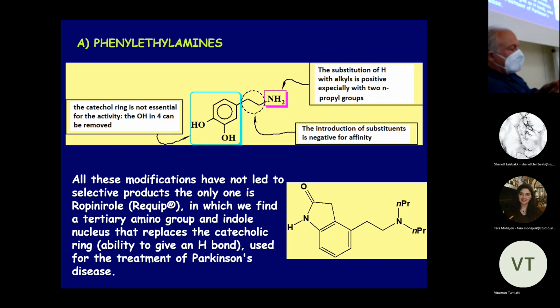And these two propyl groups probably find a pocket on the active site of the receptor.